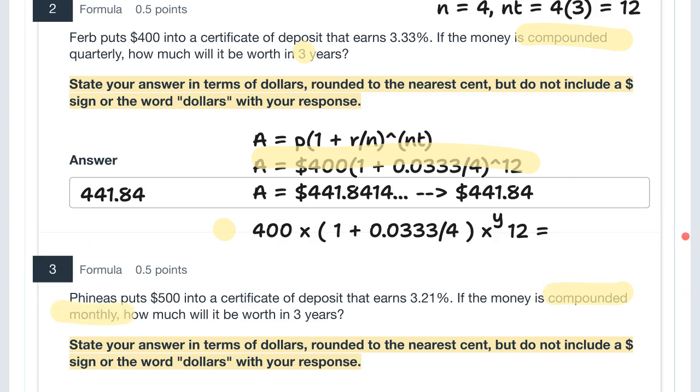And since it's compounded monthly, that means n is 12. And in this case, nt, my exponent, is going to be 12 times 3, which is 36.